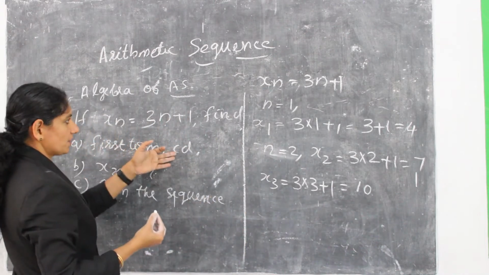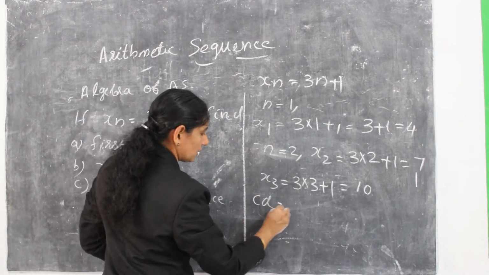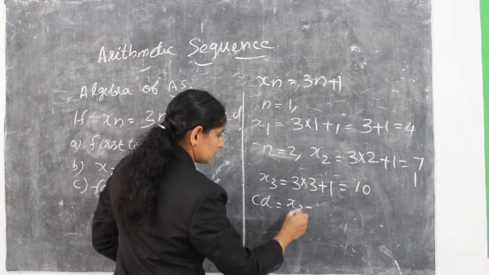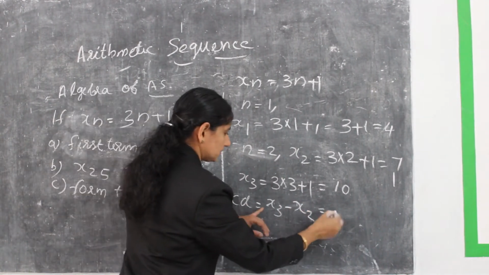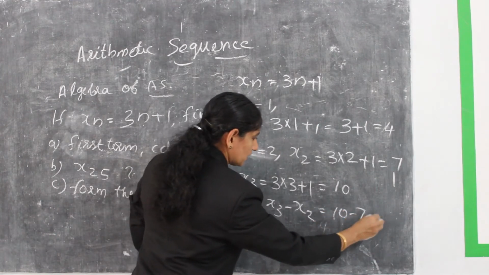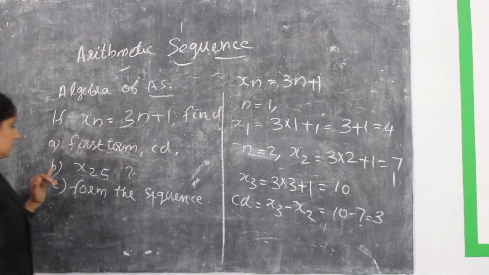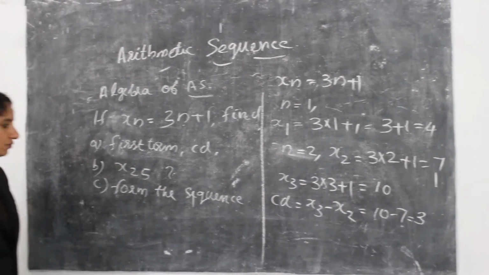Now, what is the common difference? The common difference is x3 minus x2, or x2 minus x1, etc. It is 10 minus 7, which is 3. Let's find the 25th term.